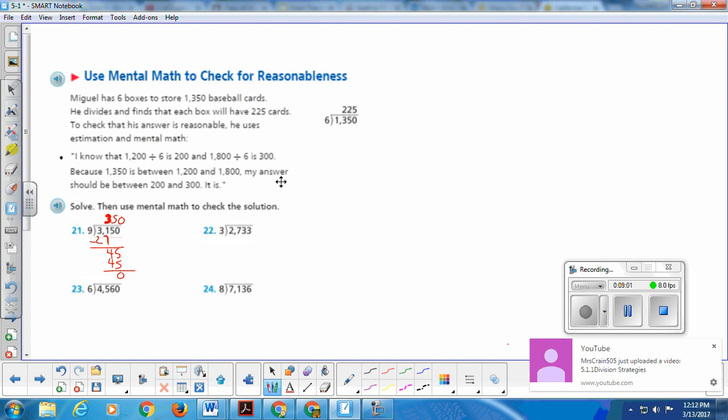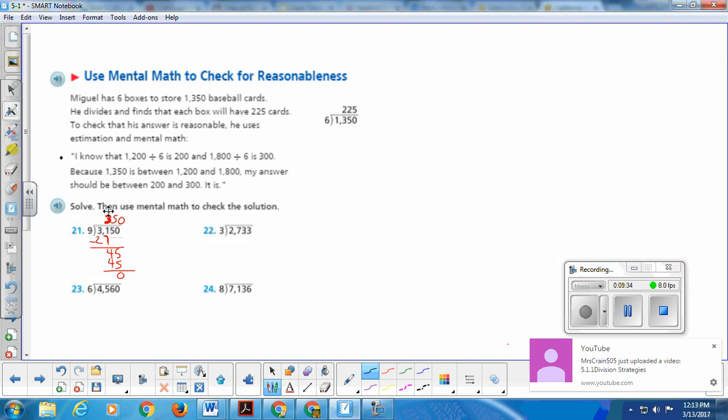Now I'm going to use mental math to check this. So if I were to round 3,150 to 3,000, 3,000 divided by 9 would be 3,000. Let's do 3,100. Let's back up a second. So I'm going to go off of this 3 right here and just to see if I'm mental math going.